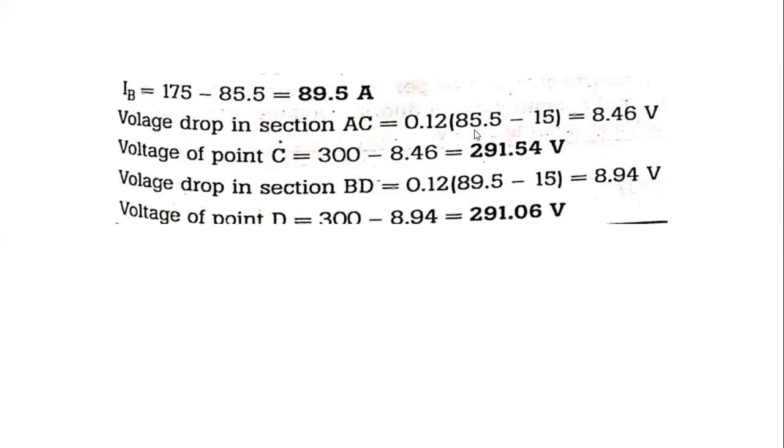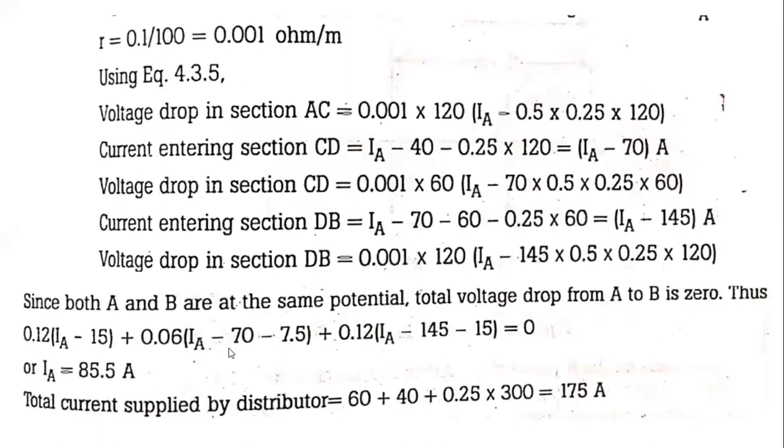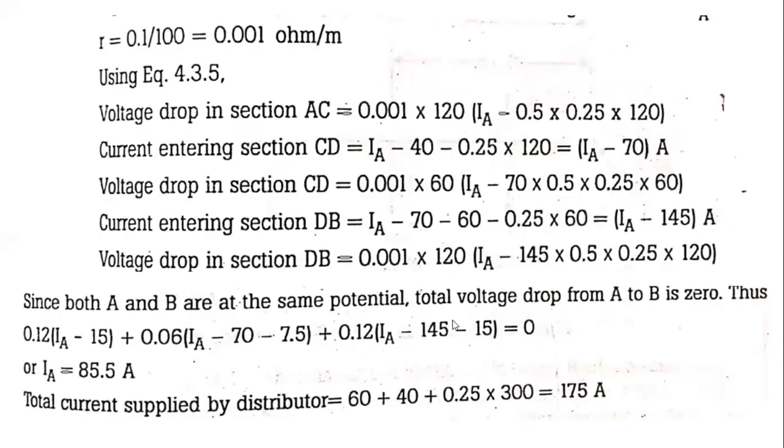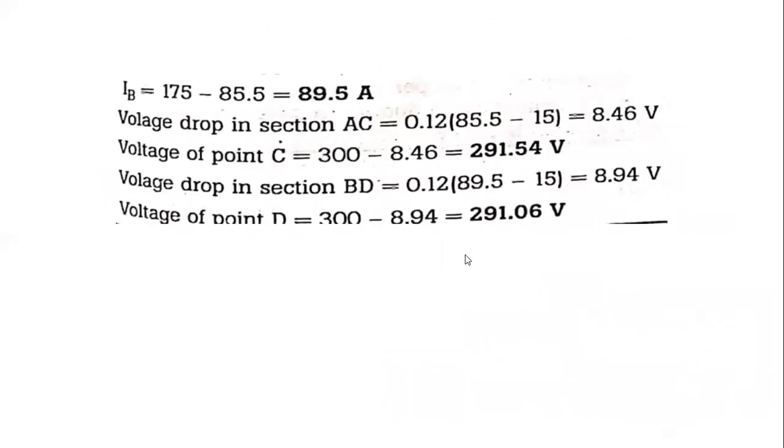What is the current at point A? 85.5 minus the current at the last section, that is 15 amperes. That is 0.12 into 85.5 minus 15.